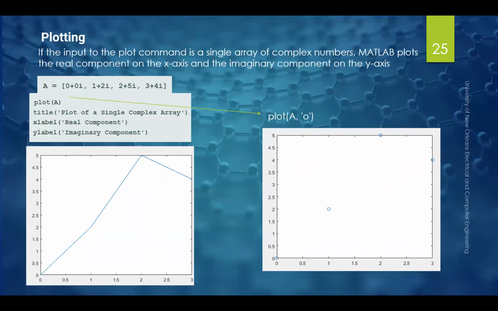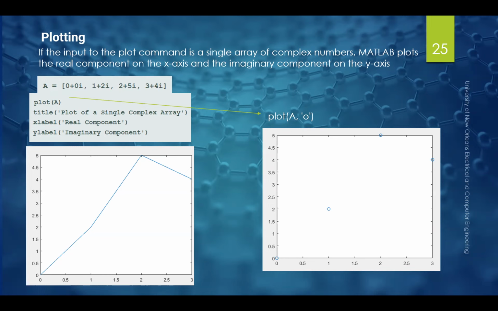If the input to the plot command is a single array of complex numbers, for example, MATLAB is going to plot the real component on the x-axis and the imaginary component on the y-axis. In this case, we have an array of complex numbers defined by this expression here.